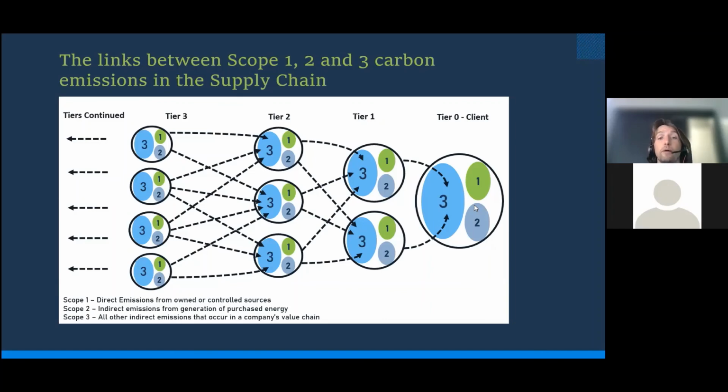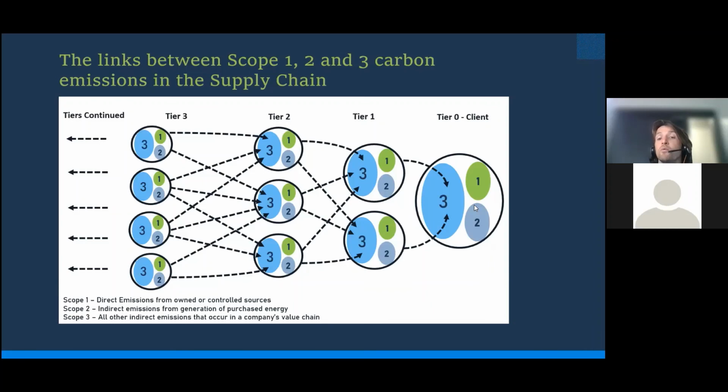If you're purchasing the waste, however, and then doing something with it, reusing it, or selling it on, then it actually becomes a material that you purchase. So you should include the carbon emissions associated with it.